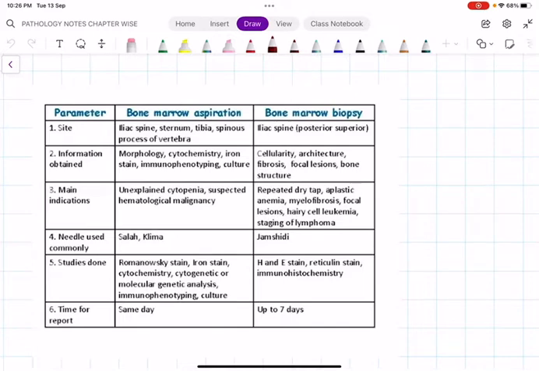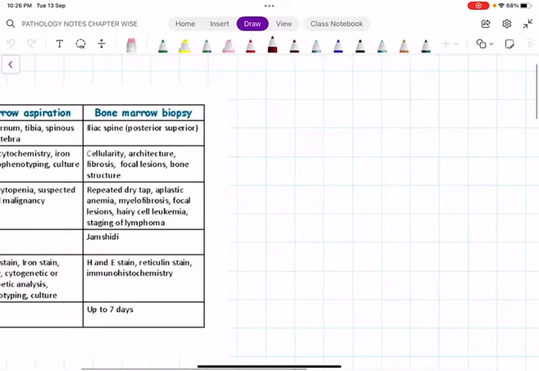See, bone marrow aspiration. So we are going to aspirate something. You can imagine that when aspiration is possible, that means something like fluid should be present, whereas biopsy, it's not like that. Imagine two conditions.